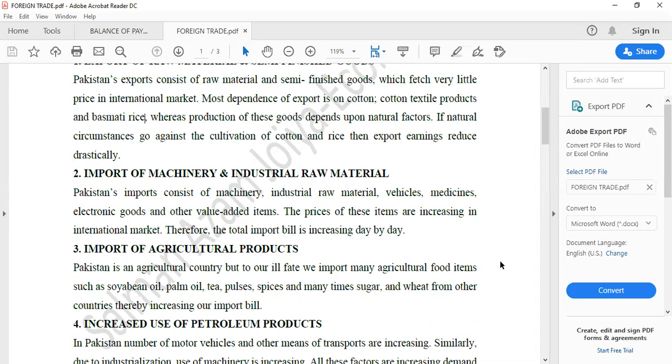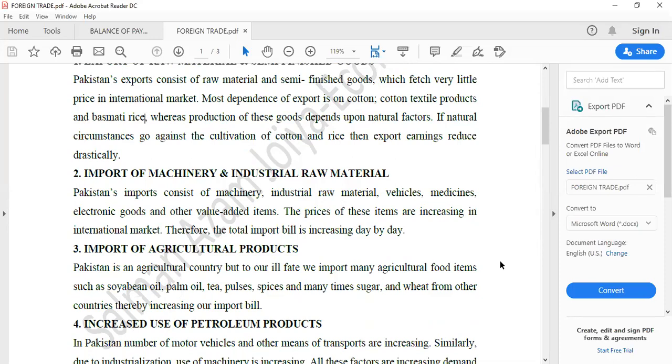Second characteristic of trade in Pakistan is import of machinery and industrial raw material. Since we are not a capital intensive country, we do not produce capital, we do not have resources.